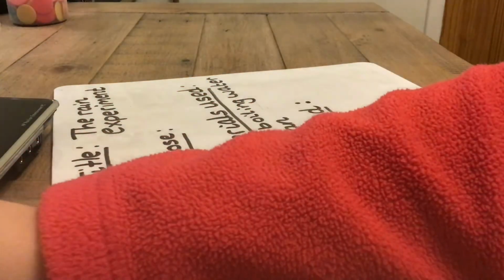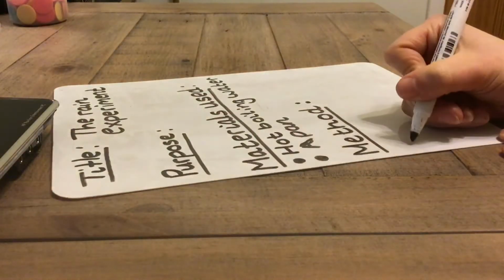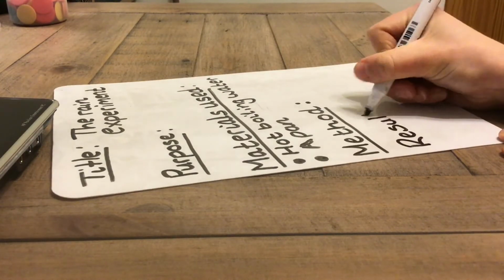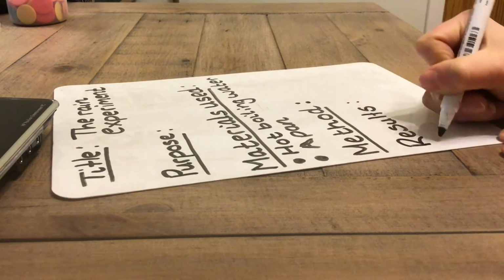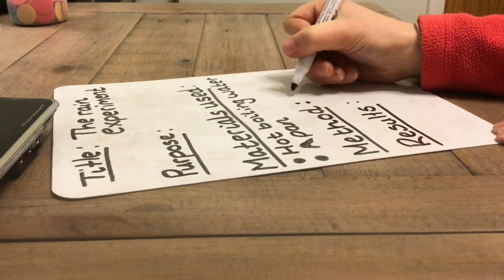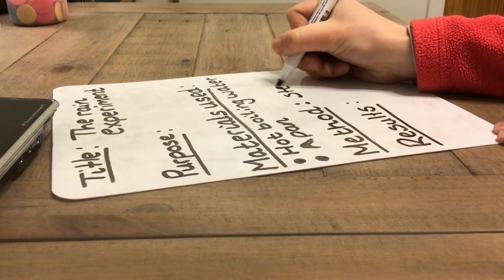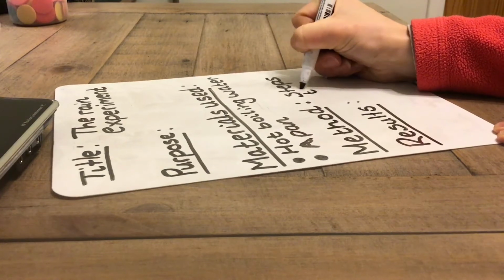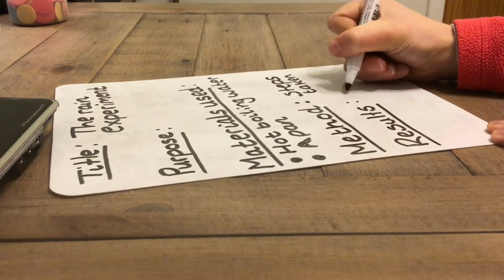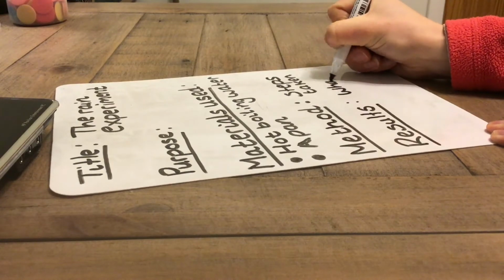Our next title is going to be the results. And that is where we write what happened. What happened in the experiment. So the method is the steps taken, and the results is what happened.